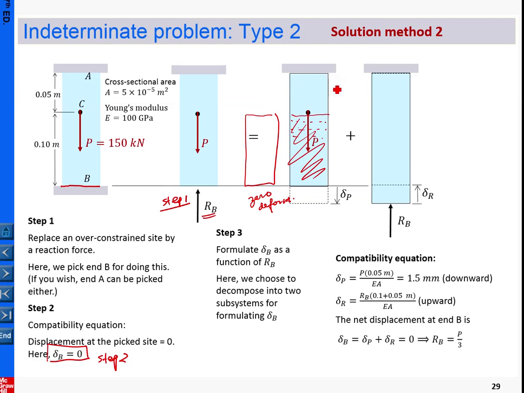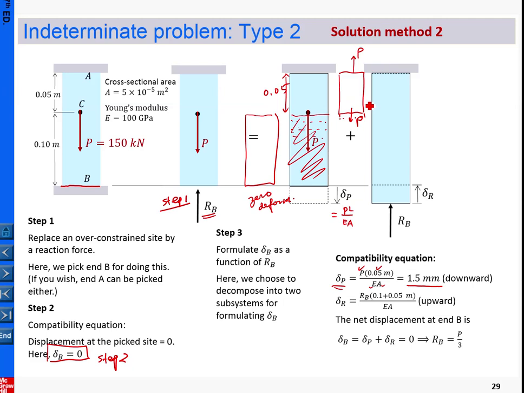For the upper portion, I can draw the free body diagram here. This is a loading P, and due to action reaction, this is a loading P. So the deformation we can calculate: delta P equal to, taking this template, PL over EA, and here L equal to 0.05. So delta P is calculated by this, and this one is 1.5 millimeter downward.